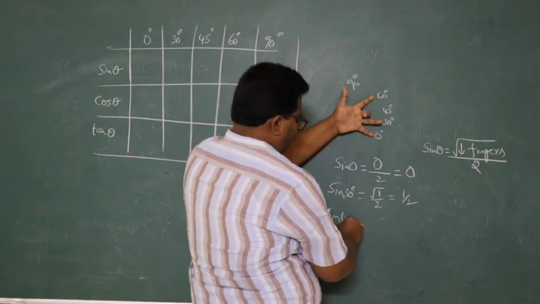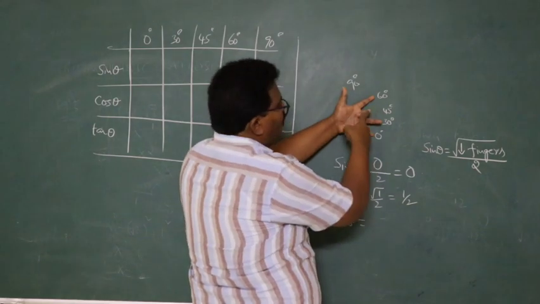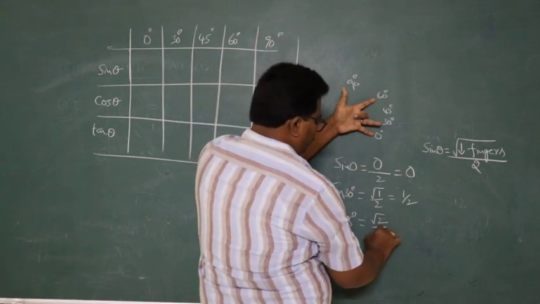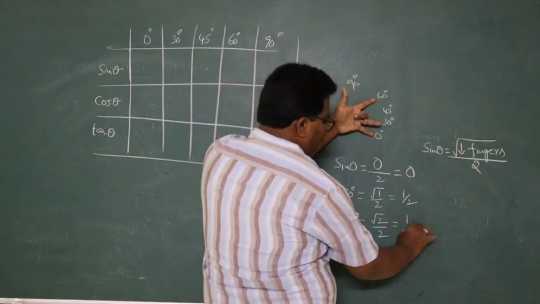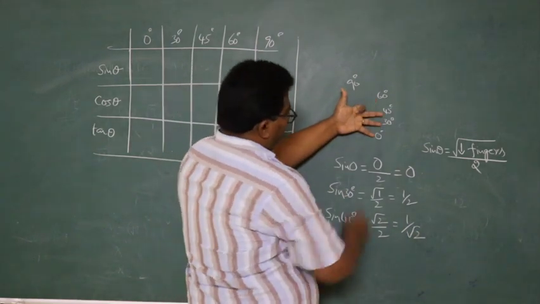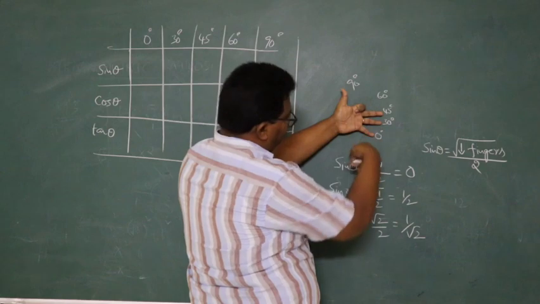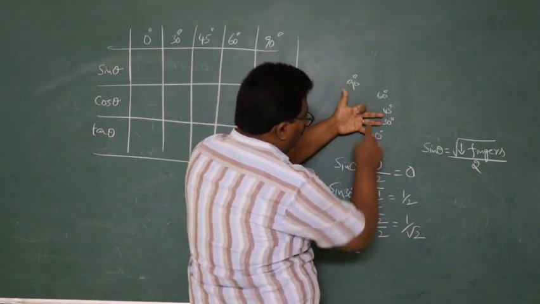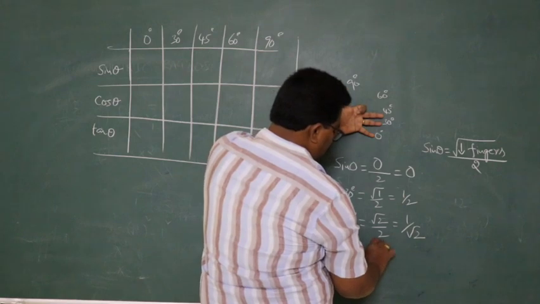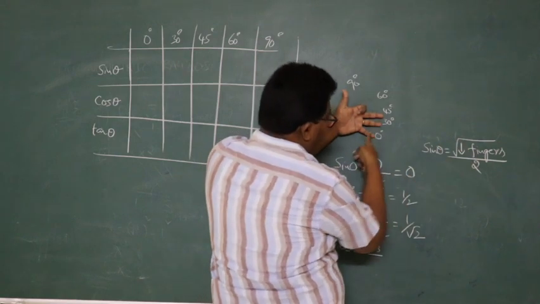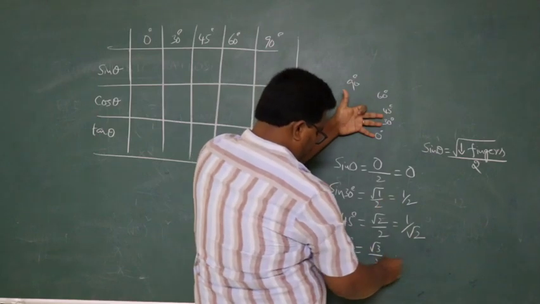So sine 45, below how many fingers? 2 fingers, that is root of 2 by 2, that is 1 by root 2. Next, sine 60. Keep the fingers like this, below how many? That is 3, so root of 3 by 2, that is root 3 by 2.